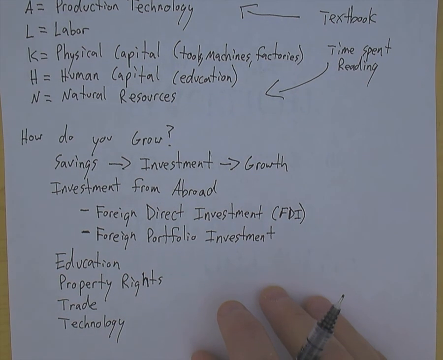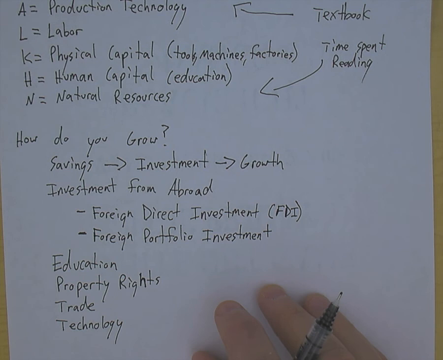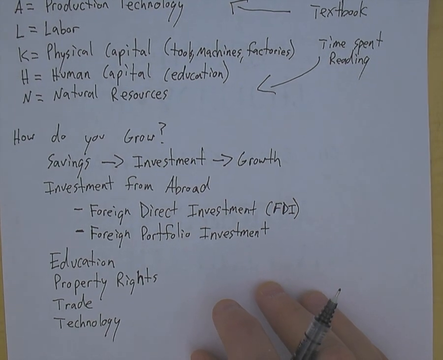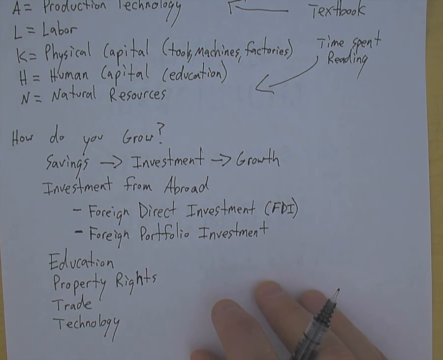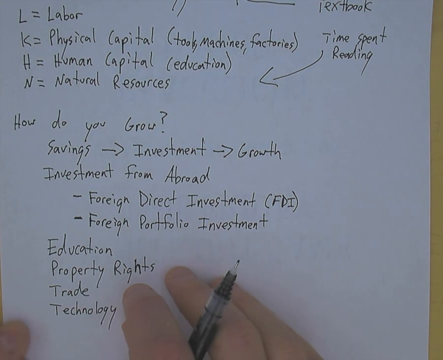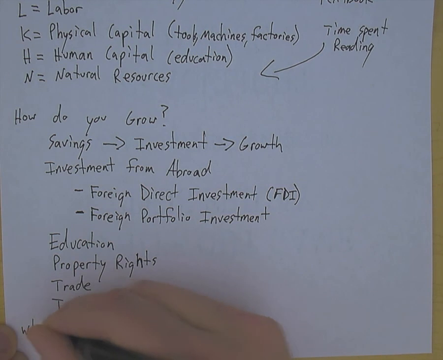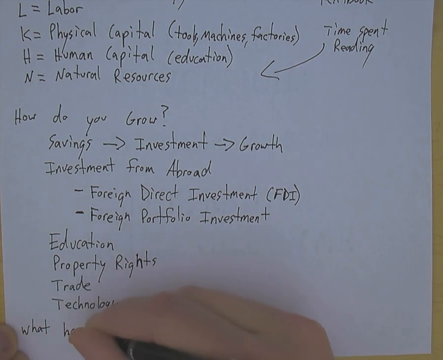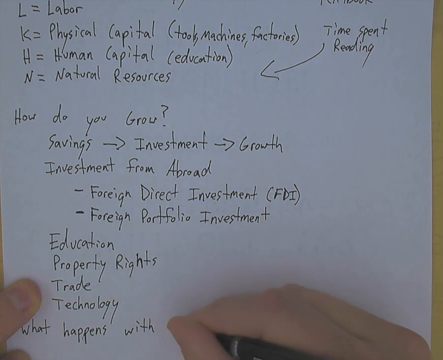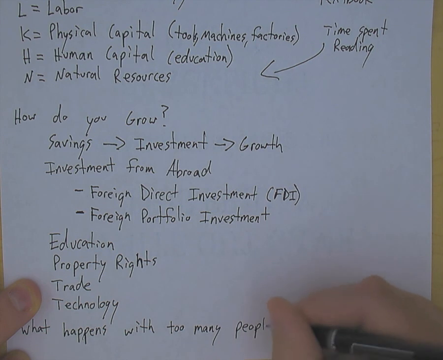Now, the book is going to talk about whether it is better to be wealthy or to be poor when it comes to rate of growth. The idea is the poorer you are, the faster you're going to grow. And I'll leave it up to you to read to understand that. And then there's the next question, like if we grow and we become healthier and wealthier, do we have too many people? Does that put a burden on our society?